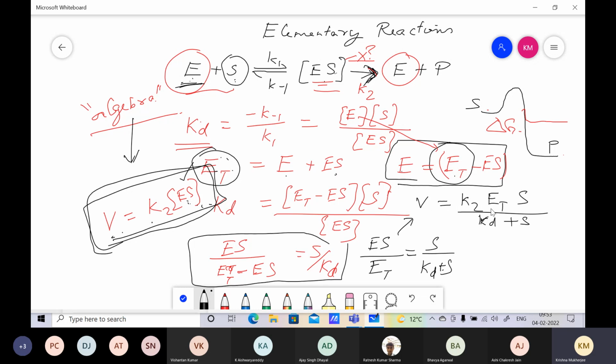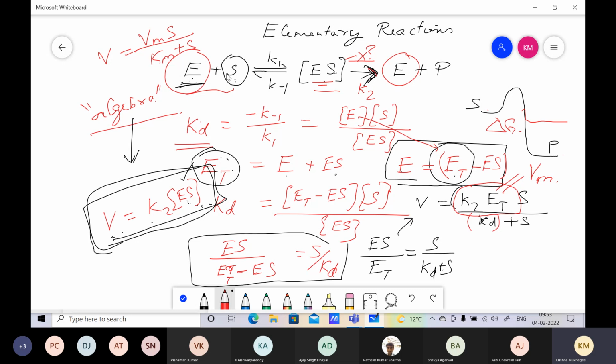Okay, so keep this very simple formulation in mind that V is equal to K2 ET S upon KD plus S. And of course, this K2 ET, this expression here, is really the Vmax. And so you would realize that our typical V is equal to Vmax S upon Km plus S formulation. So Km essentially is Kd for all practical purposes.